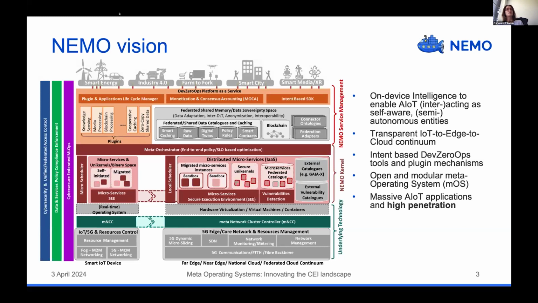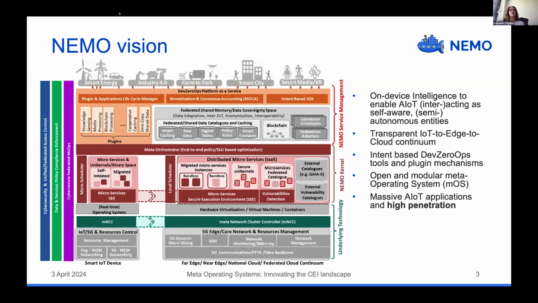The target is to provide the whole framework as open source with a modular design, cloud and edge native based, in order to allow the open source community not only to use but also contribute to extensions. And by opening this ecosystem, we target to attract massive AIoT application development and thus have increased penetration for this Meta operating system.